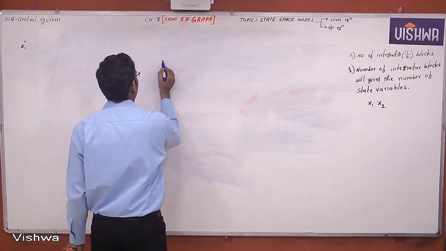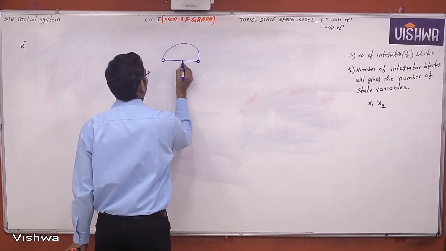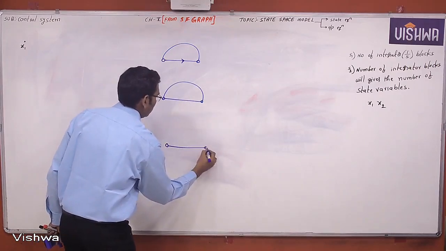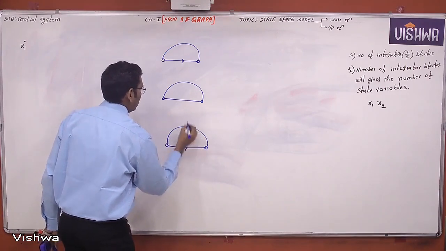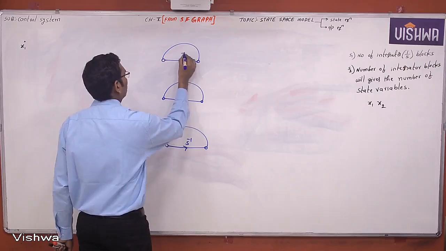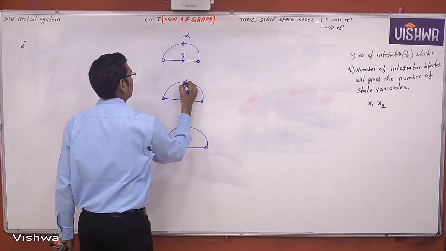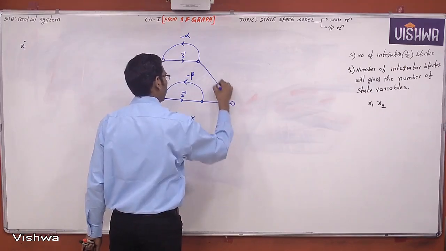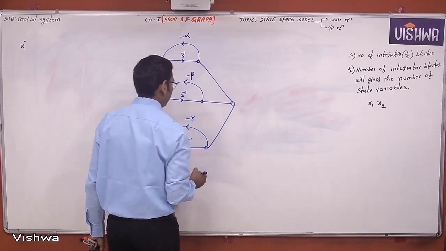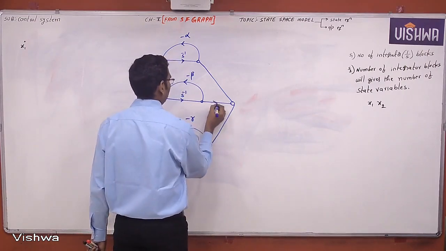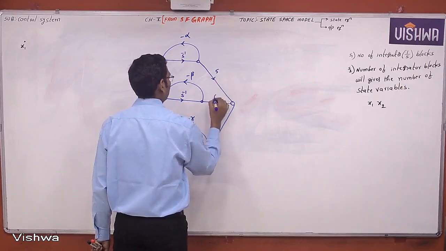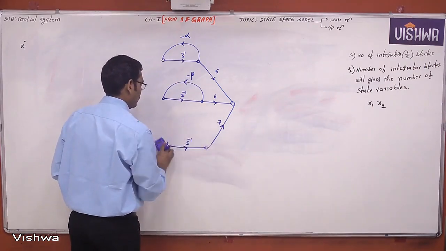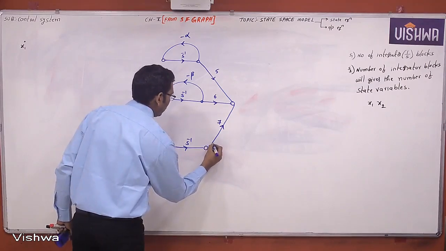Now this is the signal flow graph which is given to you.